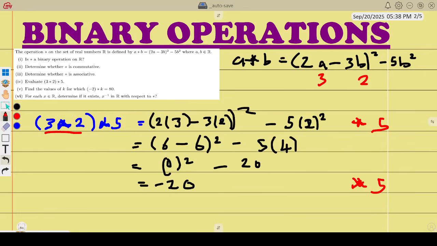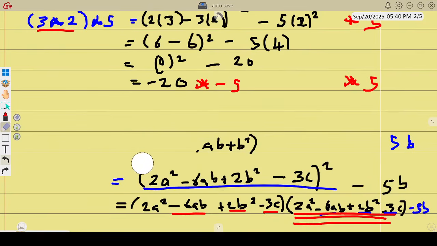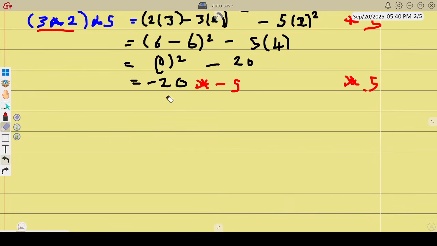Okay, so we proceed. Now we are going to do negative 20 star negative 5. So we work on that. Let us first remember our operation. It was 2a minus 3b squared minus 5b squared.